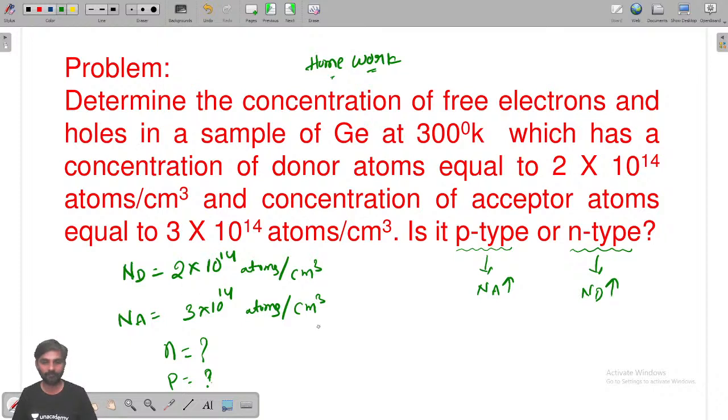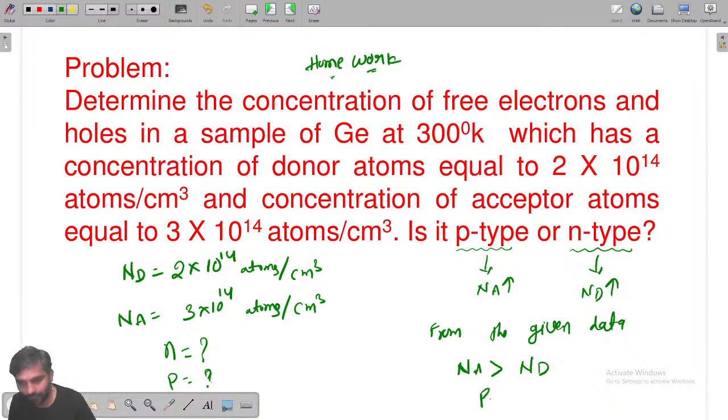From the given data, NA is higher than ND. So definitely it is a p type material.